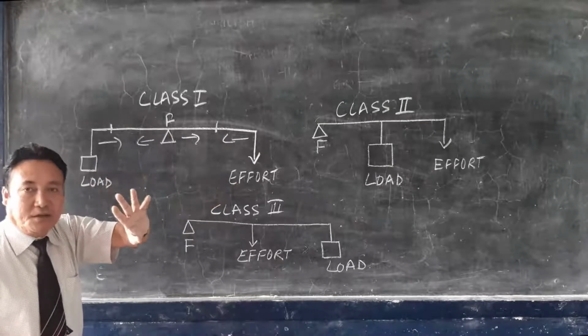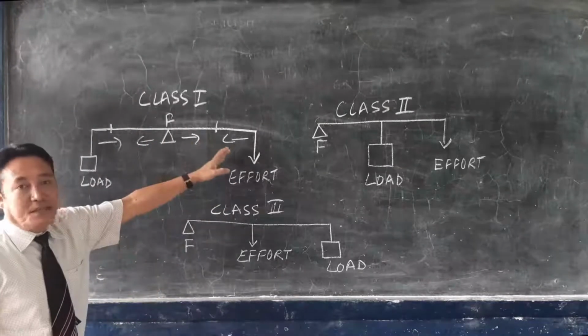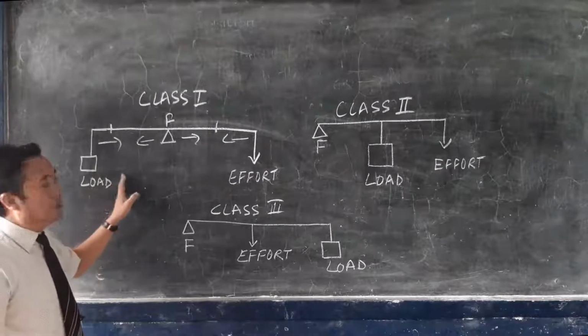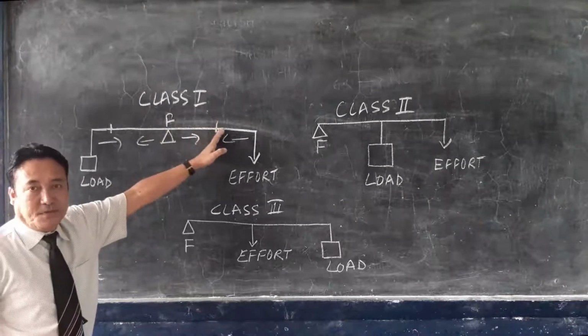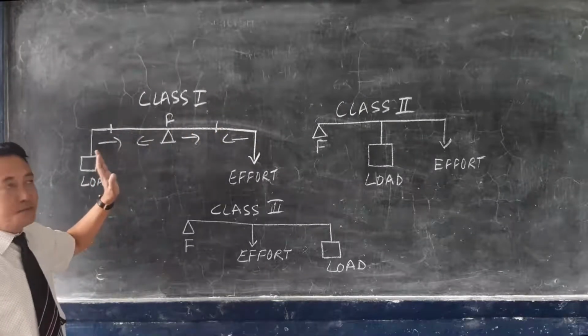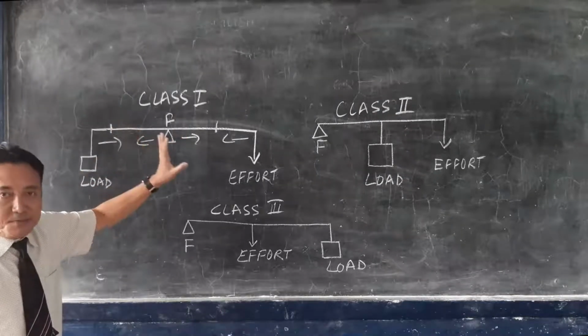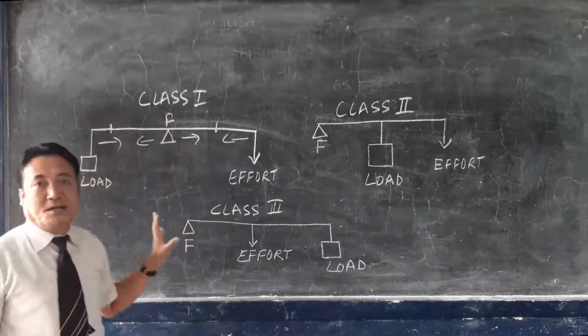So three things can occur here. Effort arm and load arm can be equal. Effort arm can be less than the load arm if the fulcrum is near the effort, and load arm can be less than the effort arm if the fulcrum is near the load. So three things can take place in class 1 lever.